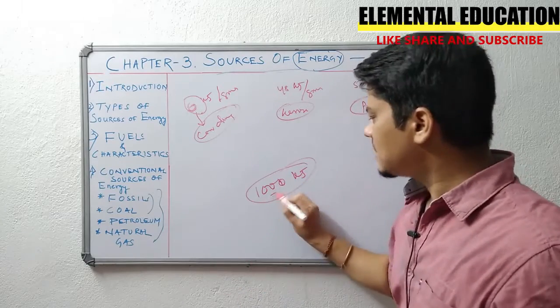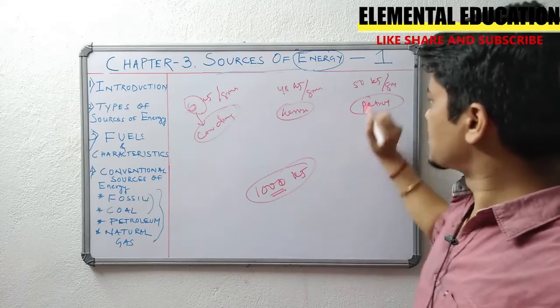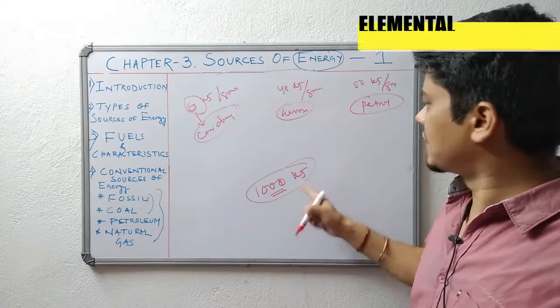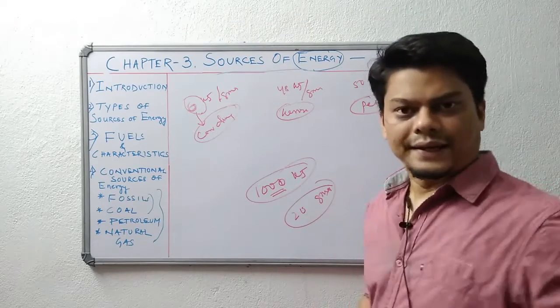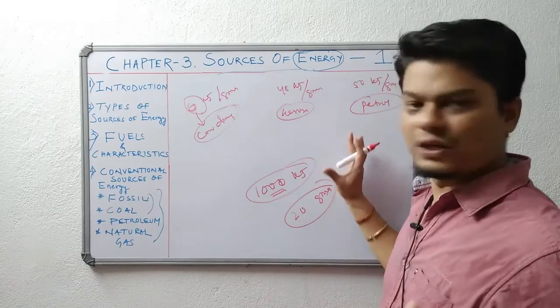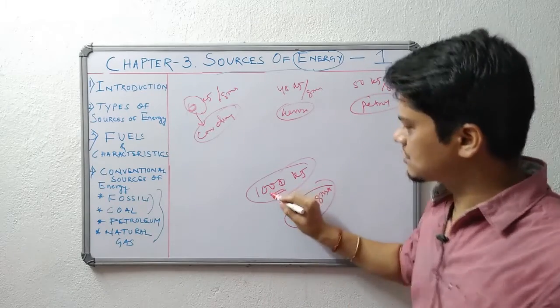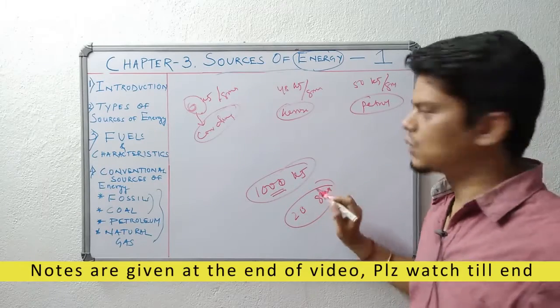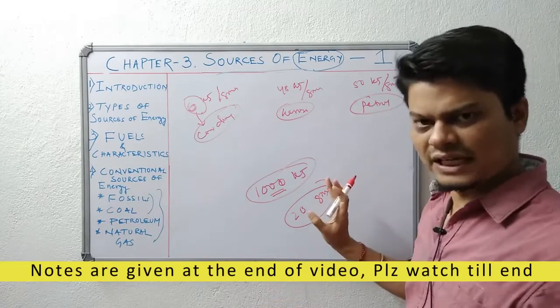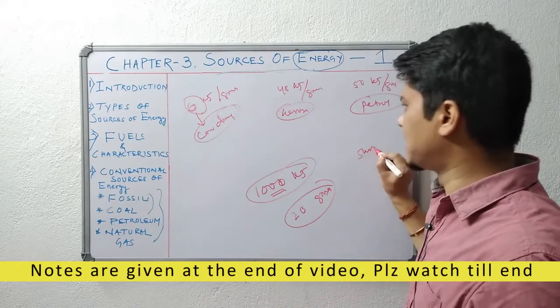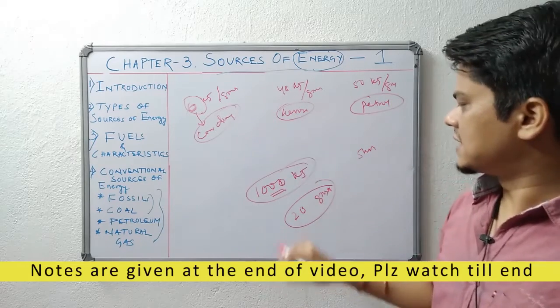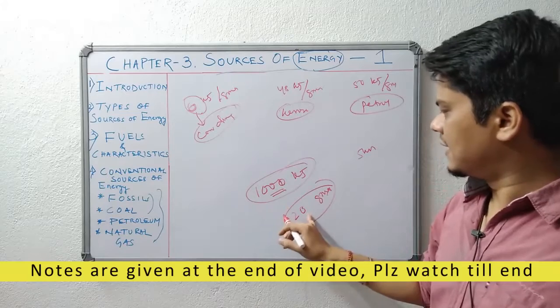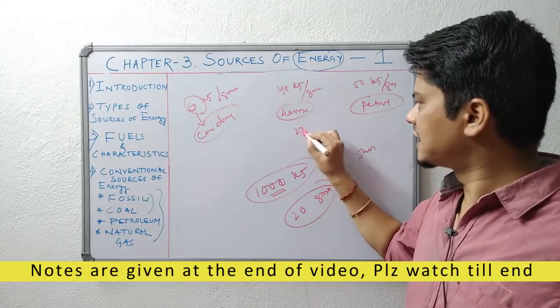For 1000 kilojoules, how much petrol do I need? Divide by 50 per gram. With petrol, at 50 kilojoules per gram, I need 20 grams of petrol to travel this distance of 5 kilometers. Similarly, for kerosene it is approximately 22 or 23 grams.